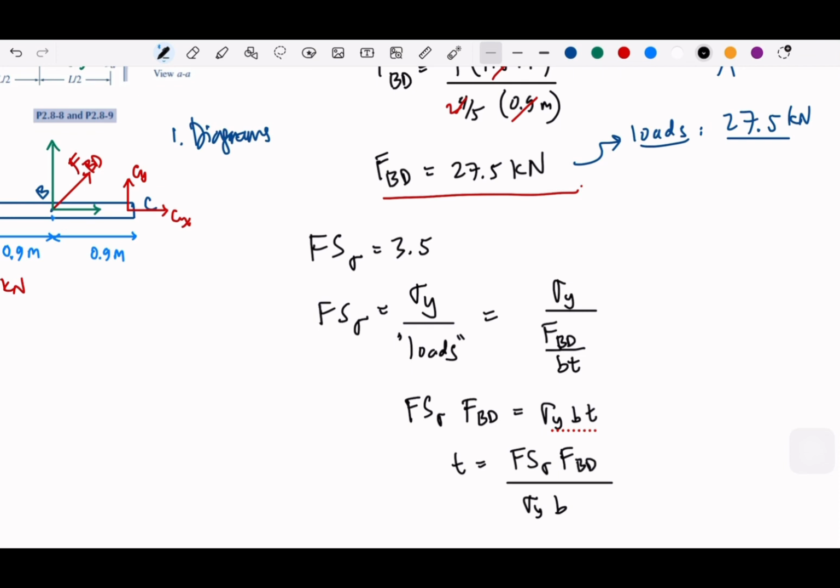Okay. So basically that's how we see. So always remember that the safety factor is always the ratio between the sigma yield and the loads. Loads means the allowable loads that can be tolerated. Okay, so we get everything here, we get the T, put everything that we have from our information and done.